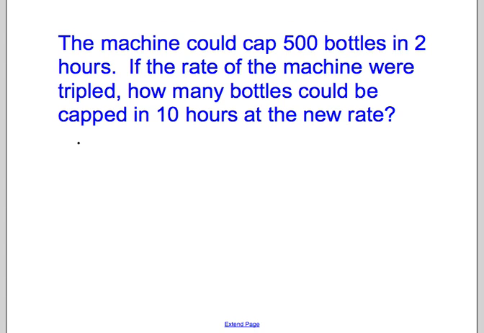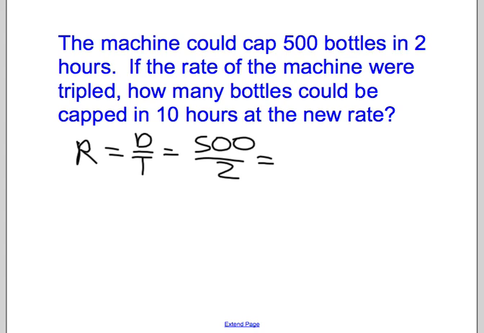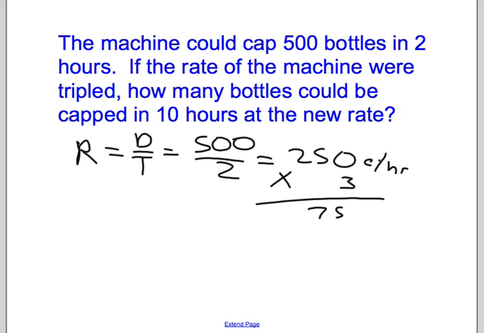We want to know if the rate were to be tripled, so we want to find the rate, which is distance over time. 500 over 2 is 250 per hour. 250 caps per hour. Triple that means take it times 3. Triple in baseball is 3 bases. So your new rate will now be 750 caps per hour.